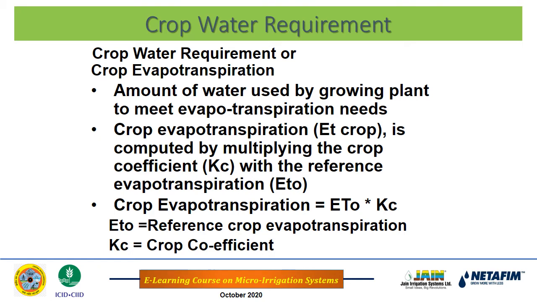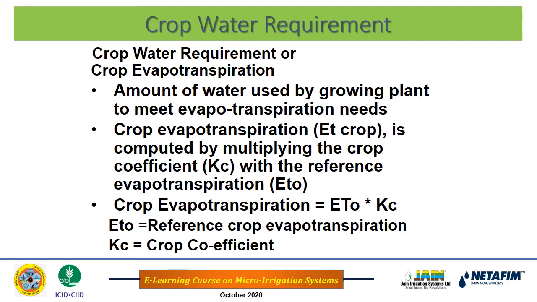Now you see, the crop water requirement depends upon two things, as I just mentioned at the beginning also. It is a property of the crop and also a property of the geography where that crop is grown. The reference evapotranspiration is computed based on climatological data of a particular geographical location.